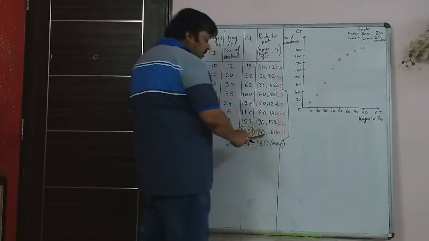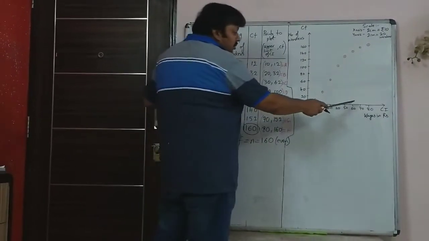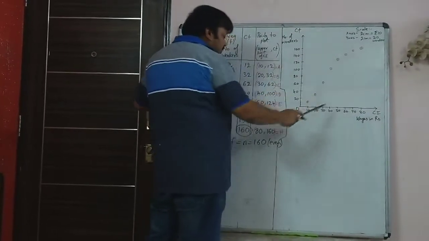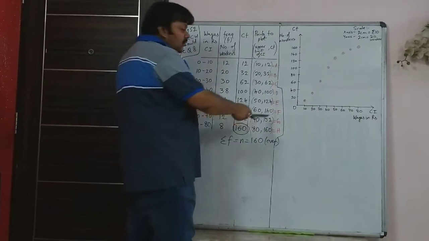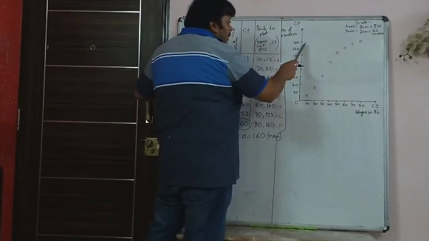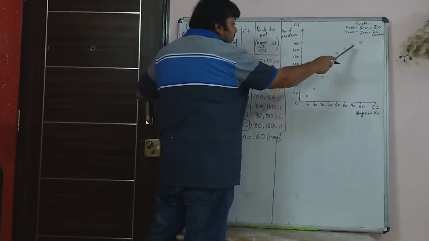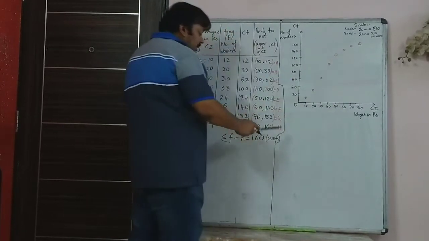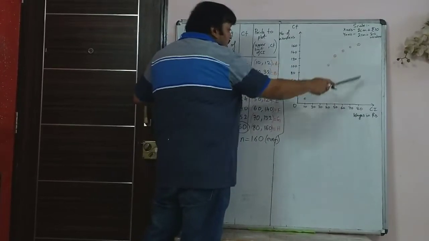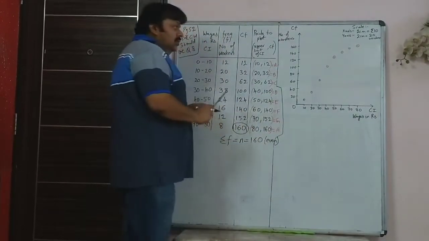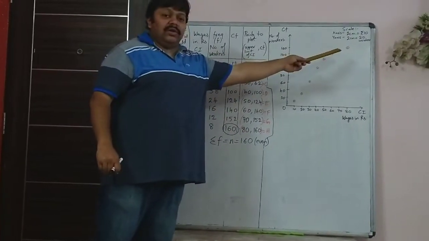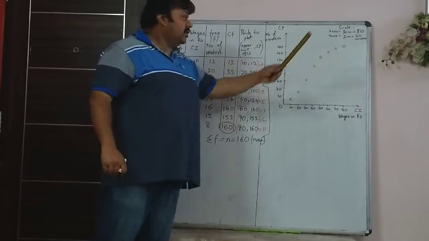Then 60 with 140, exact points. 70 with 152, which will be 6 lines above 140. And 80 with 160. So this is what I told you: your cumulative frequency graph will be an ascending graph.